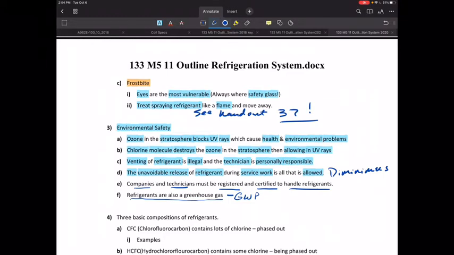They're two totally separate things. So when they say refrigerants are greenhouse gases, it contributes to something called global warming potential.